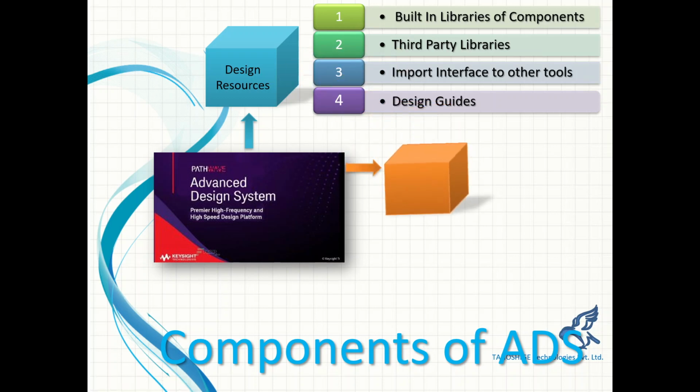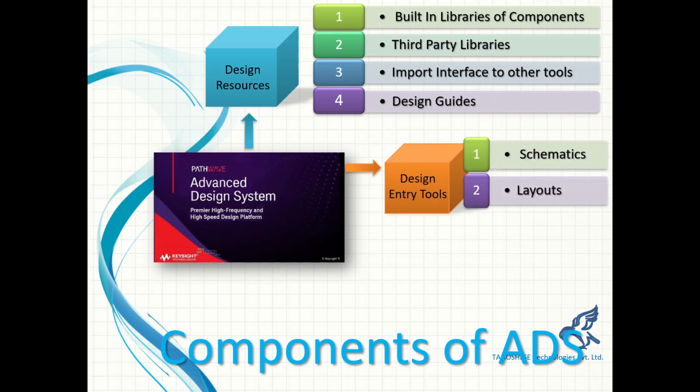Apart from design resources, you should have design tools. For example, you should be able to do schematic entry and layout entry. These are design entry tools. There is also a way to interface MATLAB, and to interface your VHDL and Verilog. That's another way of design entry.